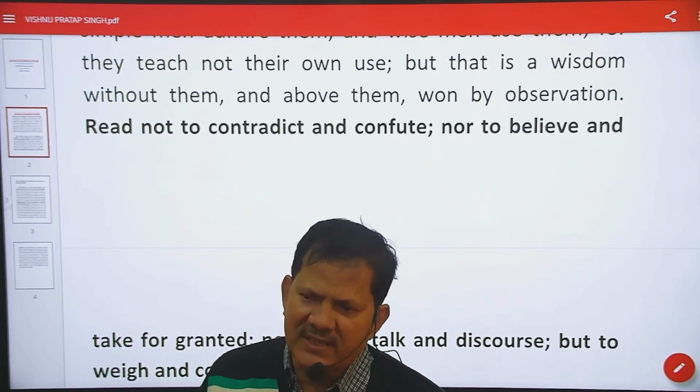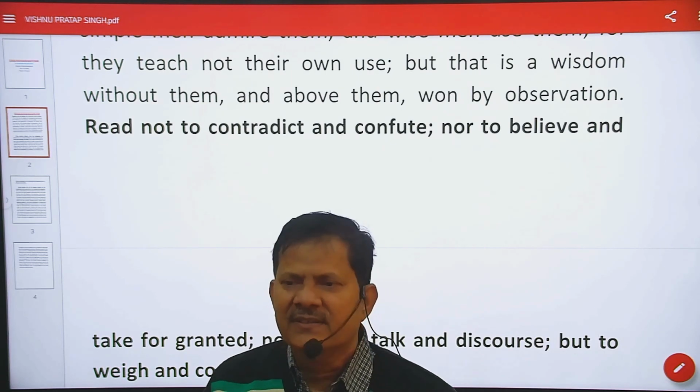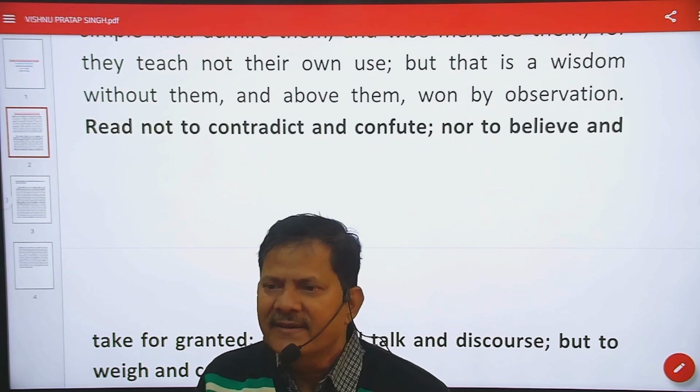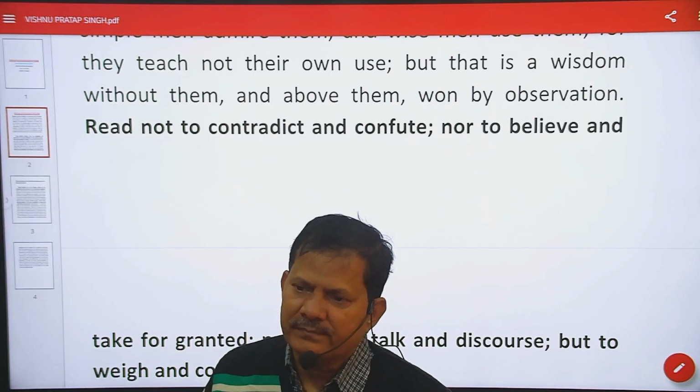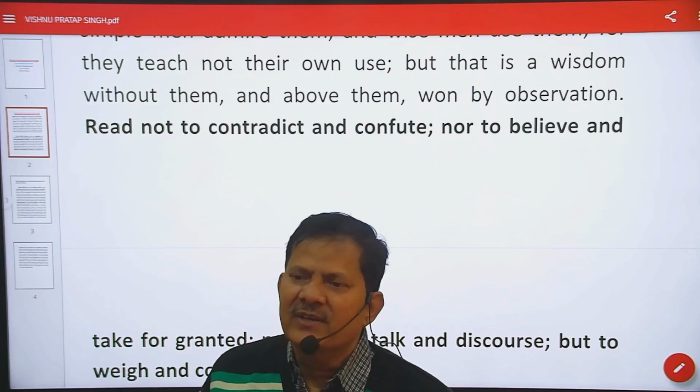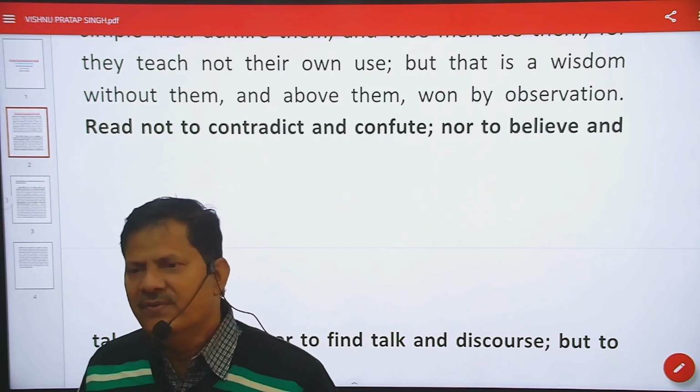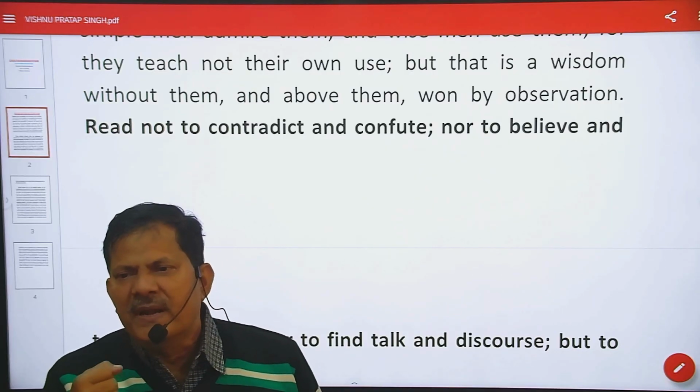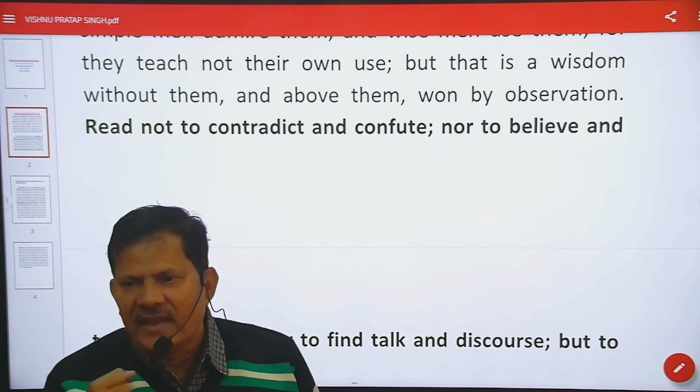What would one study then for? Bacon says, but to weigh and consider. Study to weigh yourself. Study to consider different aspects of life, different things.